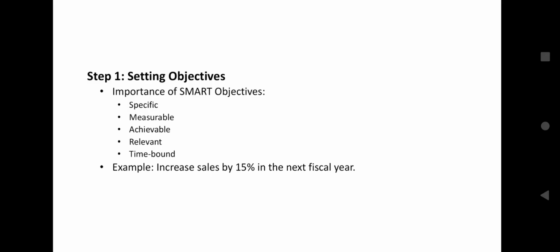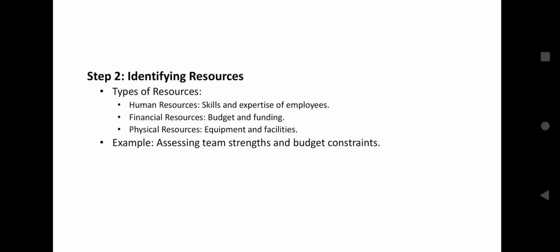Specific, measurable, achievable, relevant, time-bound. For example, sales increase by 20 percent, or 30 percent, or 15 percent in the next financial year. Okay, we have already seen that one. Identifying resources: human, financial, physical.